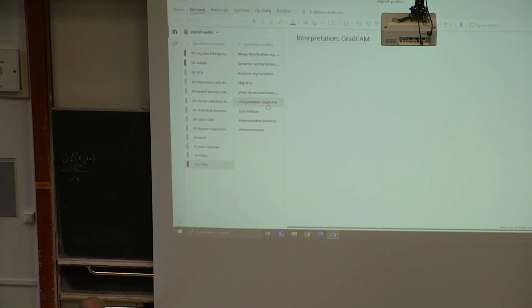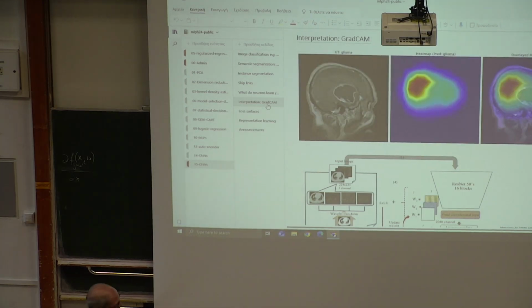All right, then I wanted to talk a little bit about explainability. The example here is again from the medical domain, or this is also very much a concern in digital pathology applications.